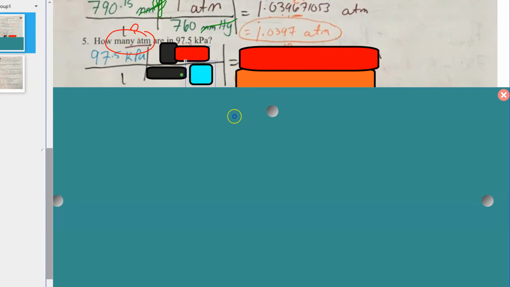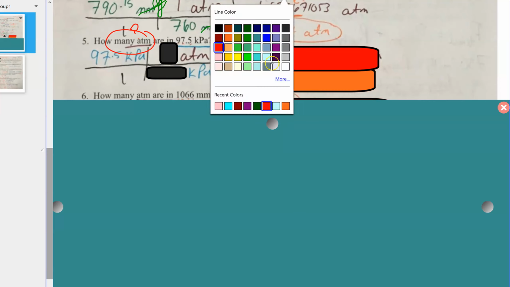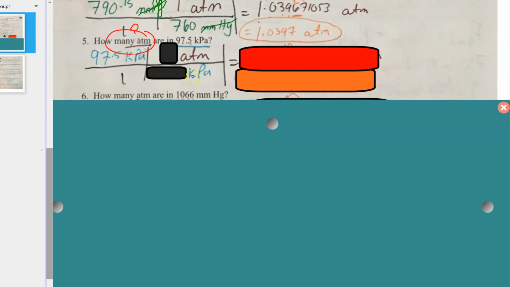We need to get rid of it, so it's going to cancel by going down to the denominator. And there's a direct relationship between kPa, kilopascals, and atmospheres, so these are our units. Remember, before we do any numbers, we want to stop and do our double check here. kPa's cancel. I'm going to be left with atmospheres. It looks like I'm good to go. So scroll back up to the top. Remember, everything is in terms of 1 atmosphere.